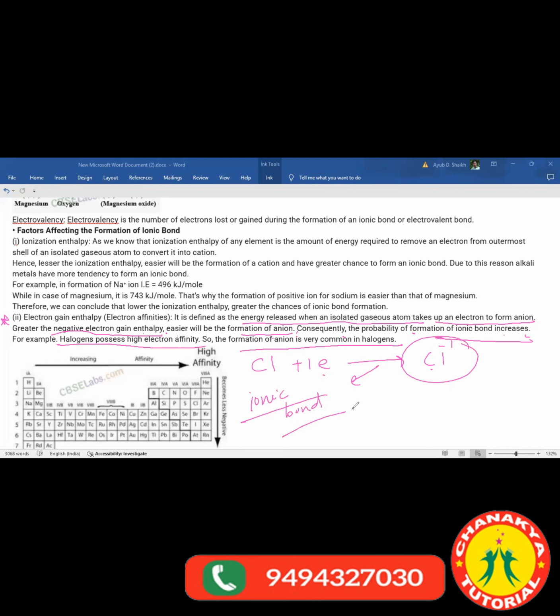So which are the factors affecting the formation of ionic bond? First of all, ionization enthalpy, and second, electron gain enthalpy. Clear? I hope all of you have understood properly.